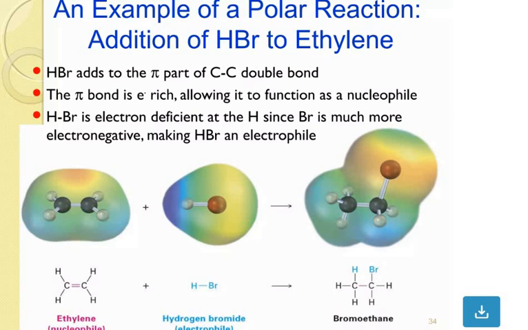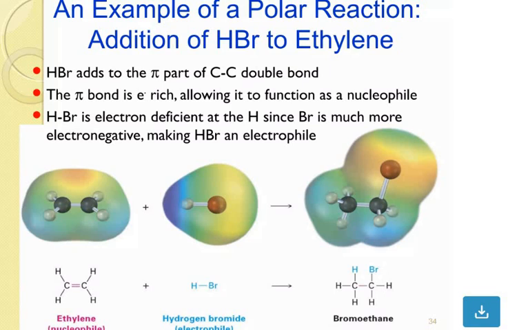Now, an example of a polar reaction: addition of HBr to ethylene. You can see HBr adds to the pi part of the C=C bond. The pi bond is electron rich, allowing it to function as a nucleophile. HBr is electron deficient at the hydrogen since Br is much more electronegative, making HBr an electrophile. You can see ethylene reacts with hydrogen bromide and gives bromoethane.